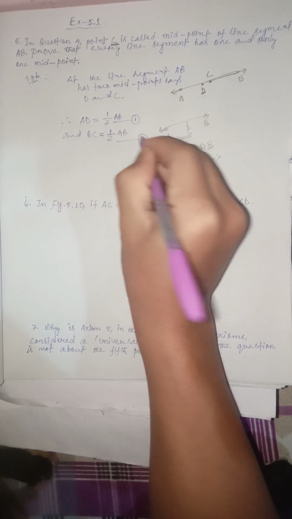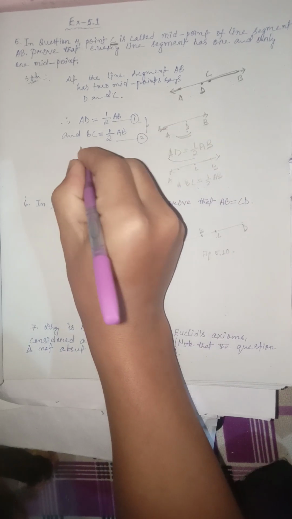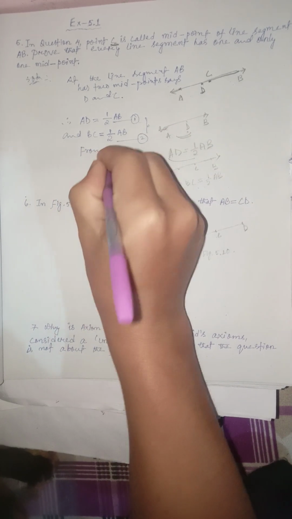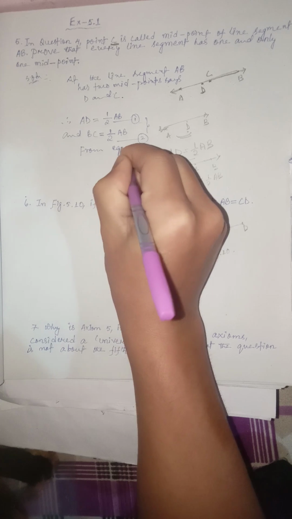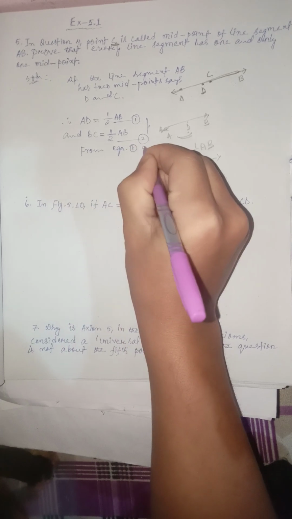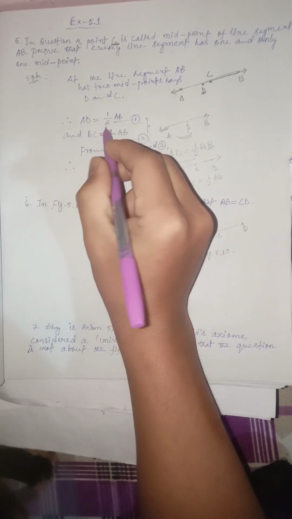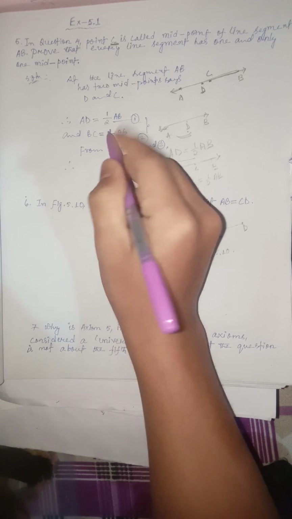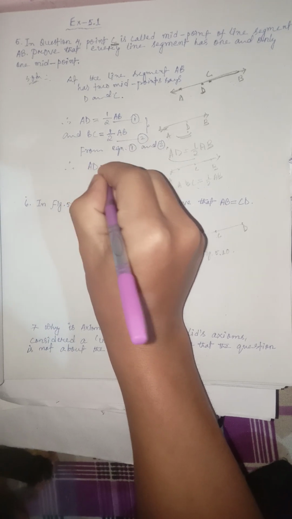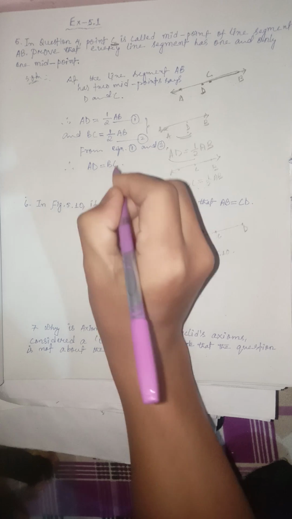Alright. Now using equations 1 and 2, what can we expect from this? Since the right hand side is equal, thus AD will be equal to BC. Alright.